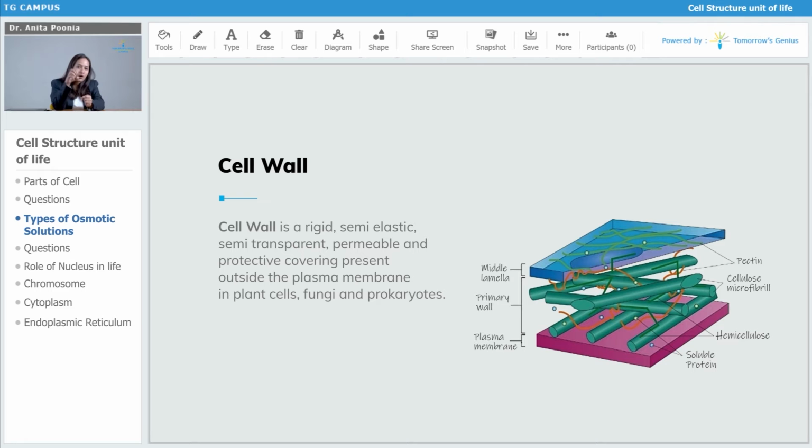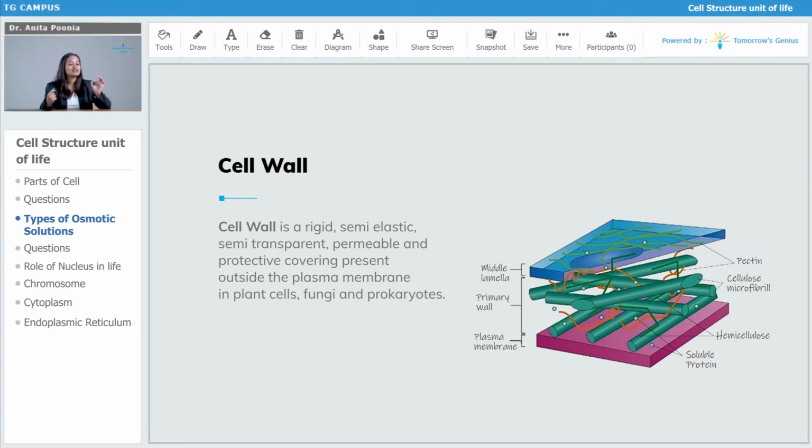So, understanding how exactly it makes the cell, or what it is. A cell wall is a rigid, semi-elastic, semi-transparent and protective covering that's present outside the plasma membrane, okay, in the plant cells.